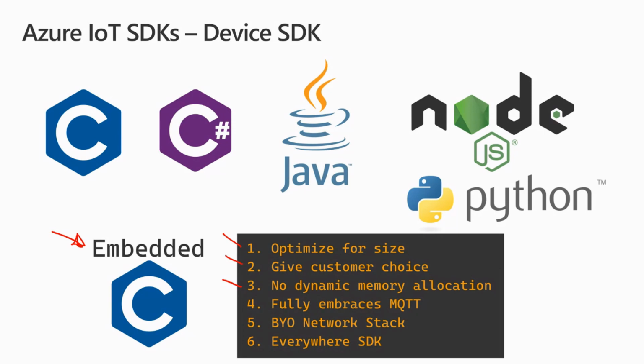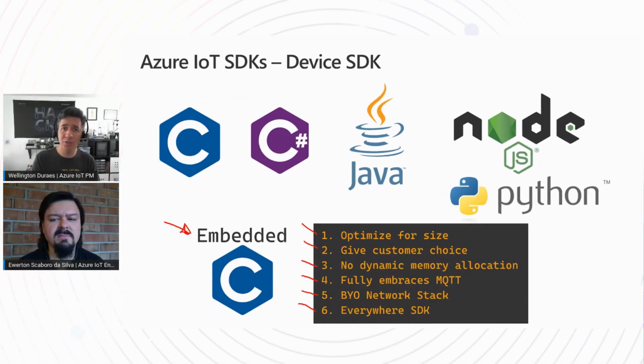Actually, we don't have any memory allocation in the embedded C SDK. We're fully embracing MQTT as an industry standard. We're creating this concept of bringing your own network stack. And finally, we like to consider this our everywhere SDK, meaning that if you have a device that can connect to a network, it is very likely this device can run the embedded C SDK.